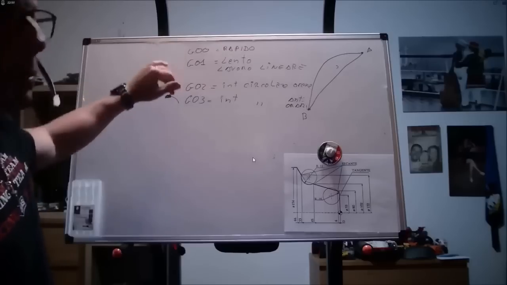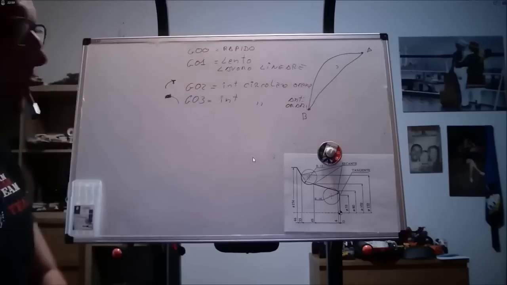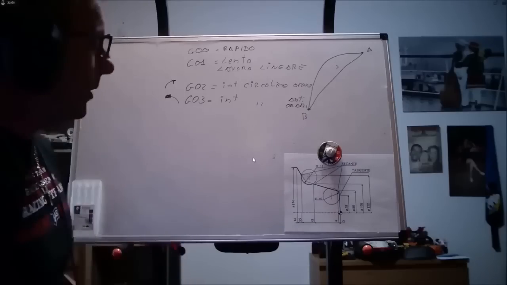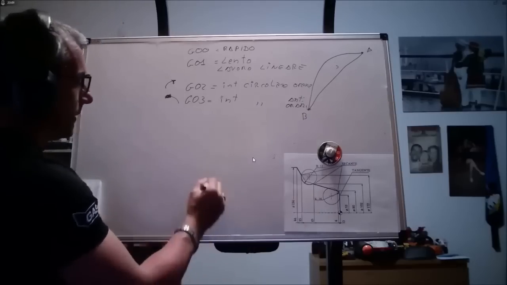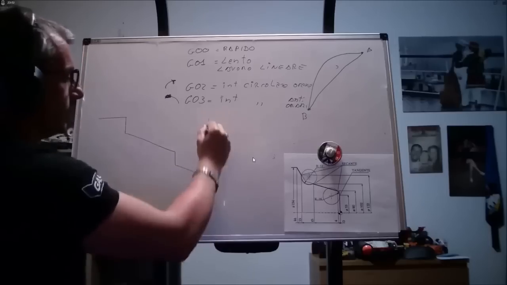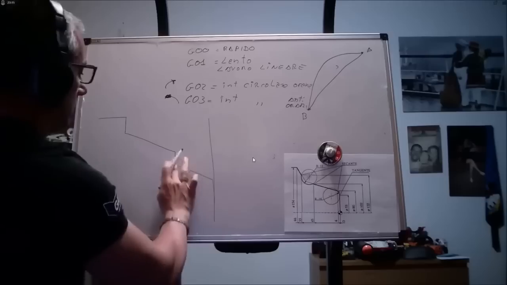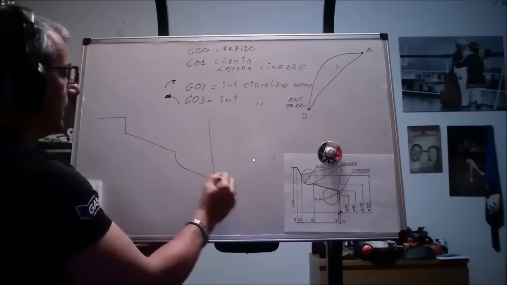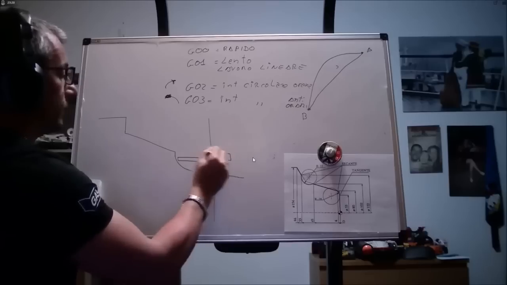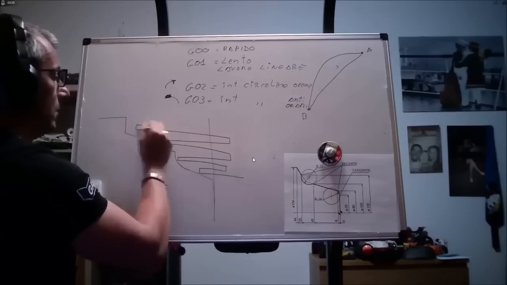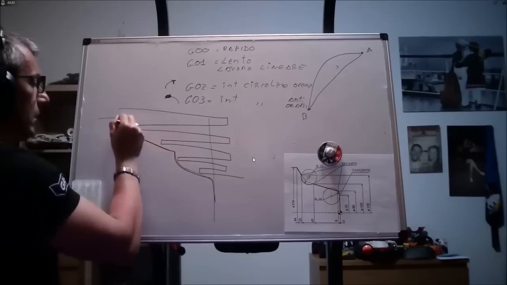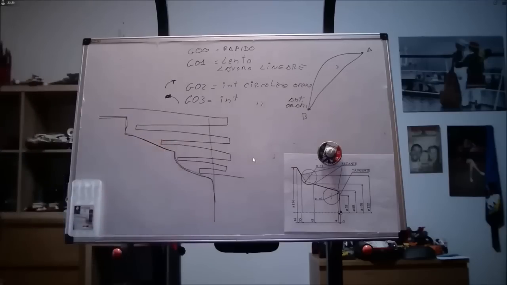With these four codes, we can perform all the movements we want, excluding threading. We can already take a piece made like this and perform a facing, a roughing using only G1, and a finishing using G1 and in this particular case G2.